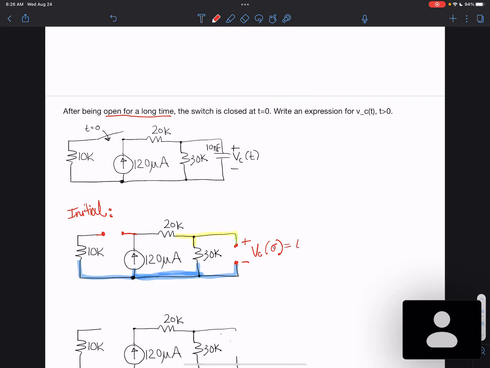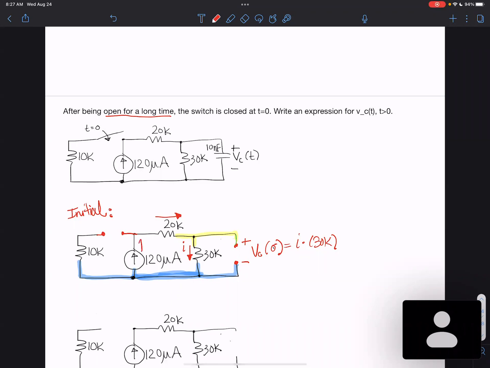Correct. So I times 30K, and what do I notice about I? So I is going to be the current here. And that would then be the same current, right?